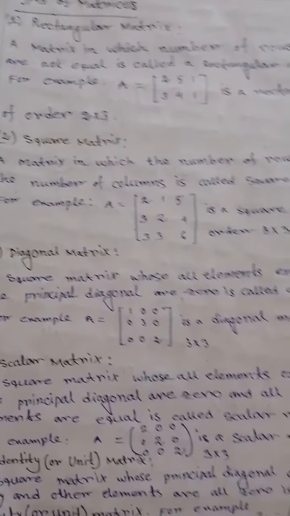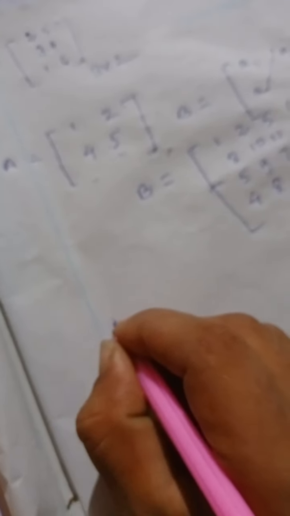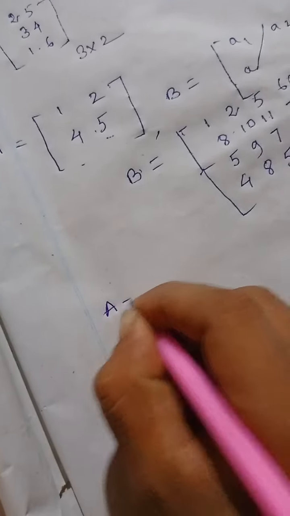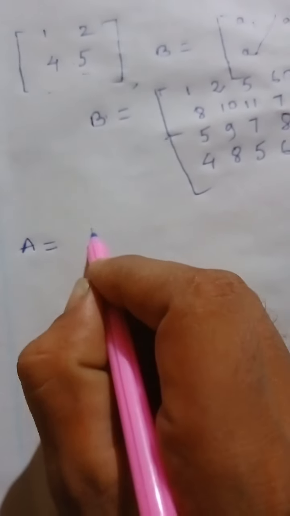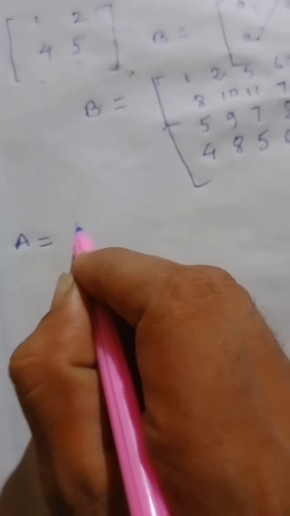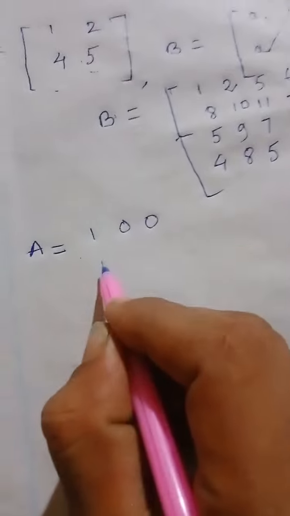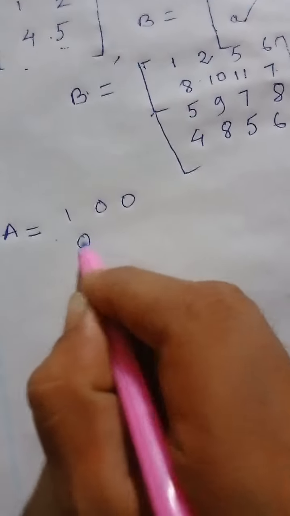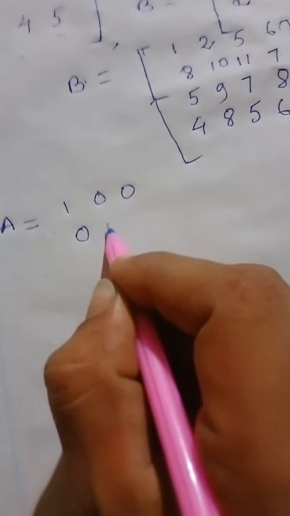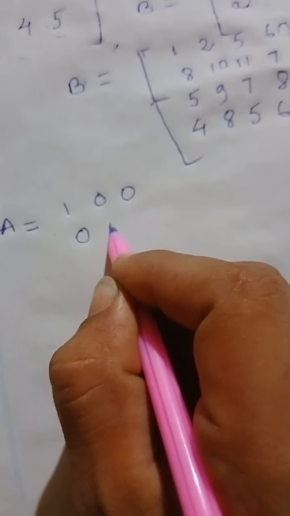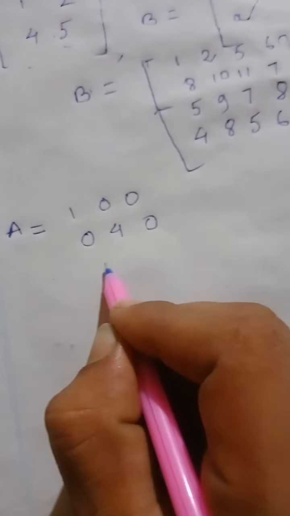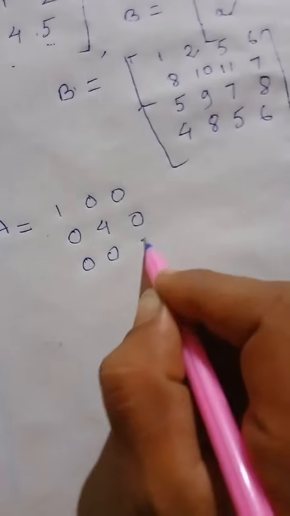More example, let a matrix A 1 0 0 0 4 0 0 0 5.